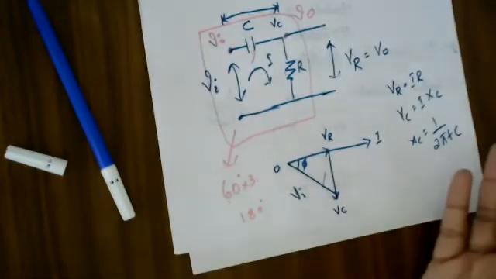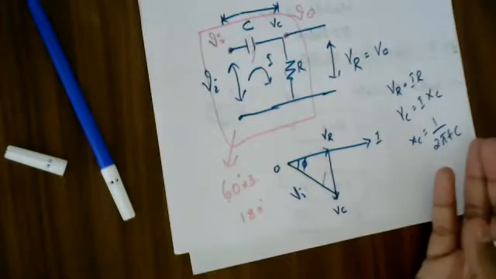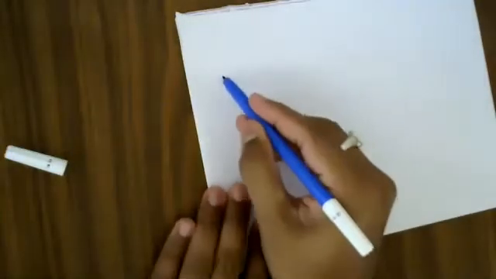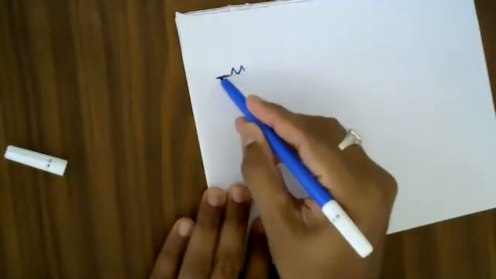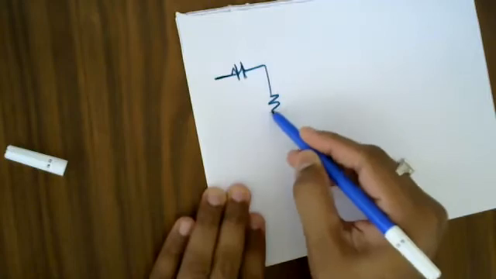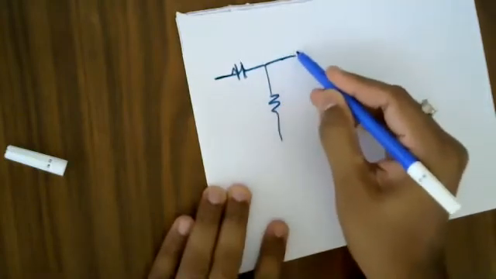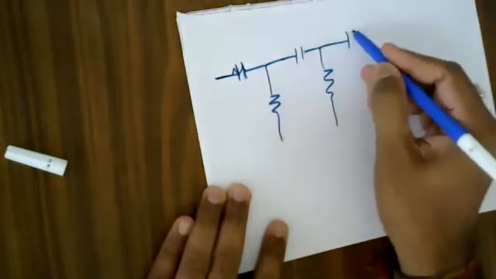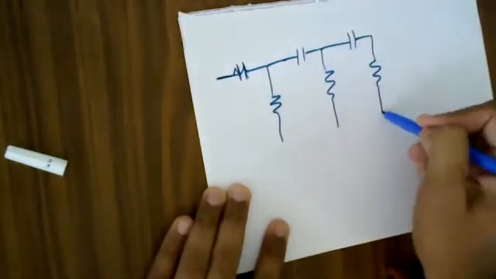So it simply means, in my RC feedback network, I will be having, let me say this is my first capacitor, then a resistor, then again a capacitor, then a resistor, a capacitor, and a resistor.